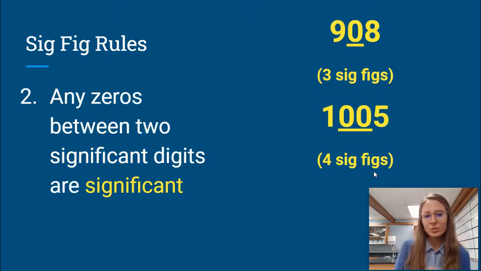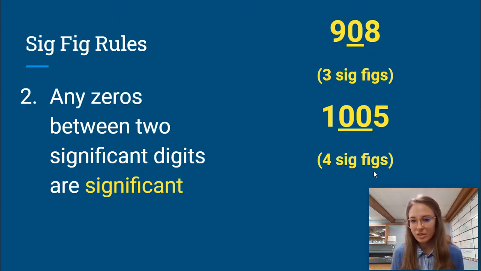The second rule is that any zeros between 2 significant digits are always significant. So for instance, if we look at the number 908, that 0 is significant even though it's not a non-zero digit.